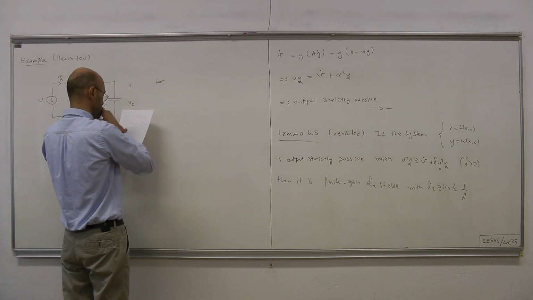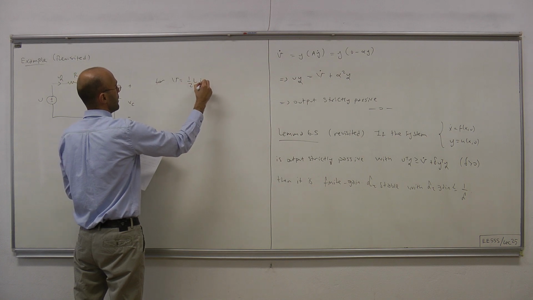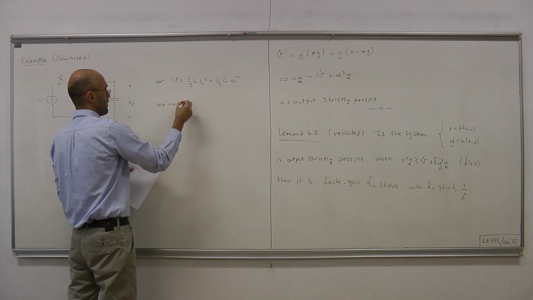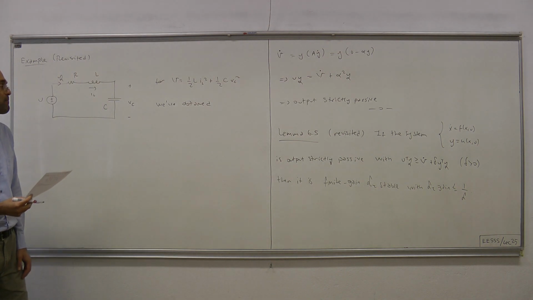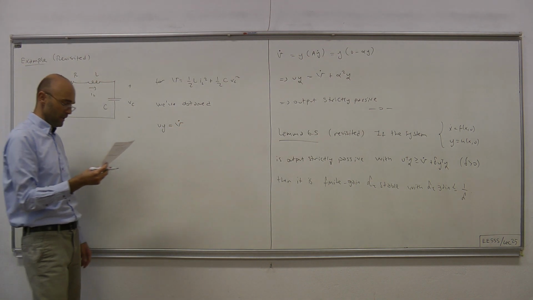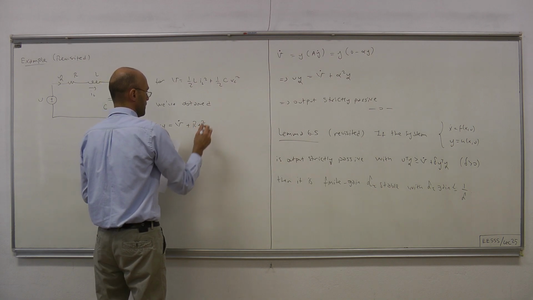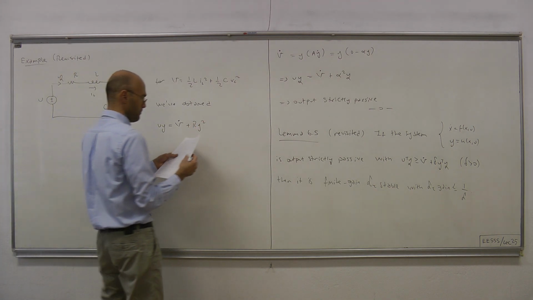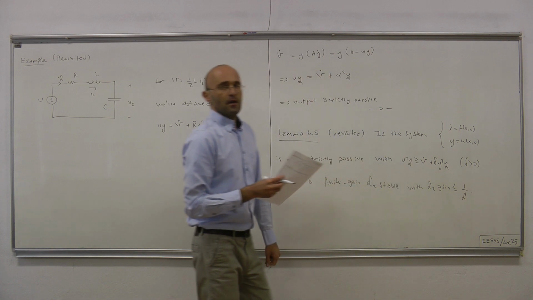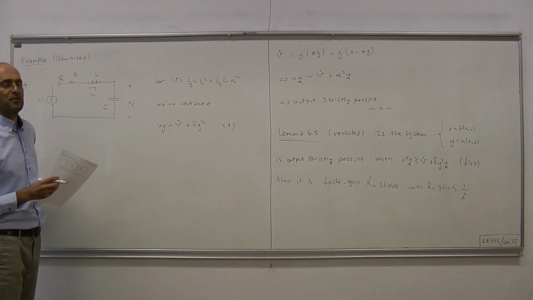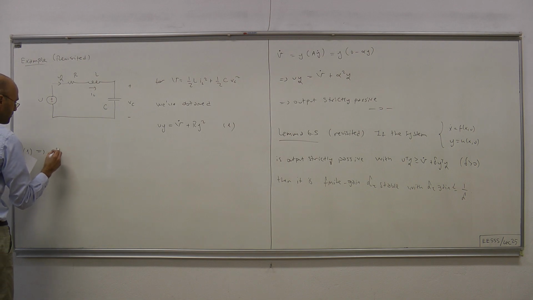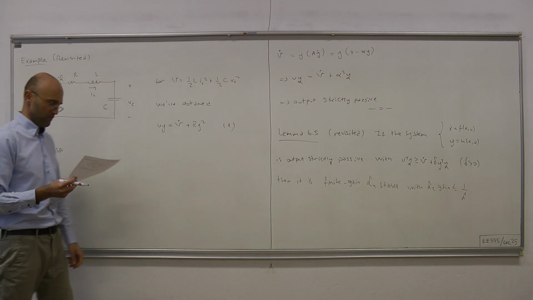For the storage function, 1/2 L iL squared plus 1/2 C vC squared, we obtained the following passivity inequality: u y was equal to V dot plus the power of the resistor, R y squared. Now this expression fits directly to that expression that appears in lemma 6.5.